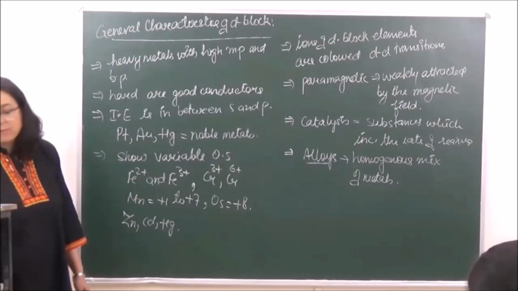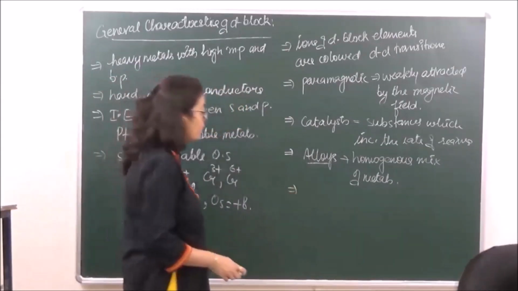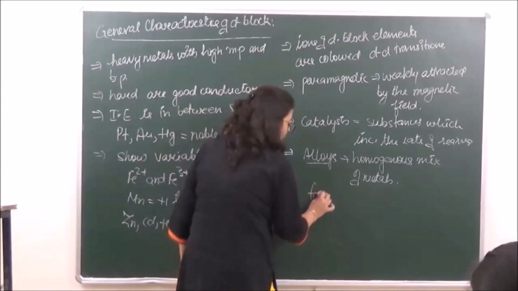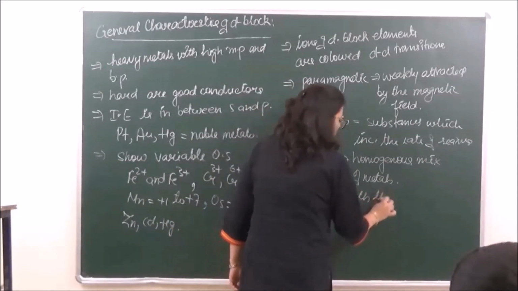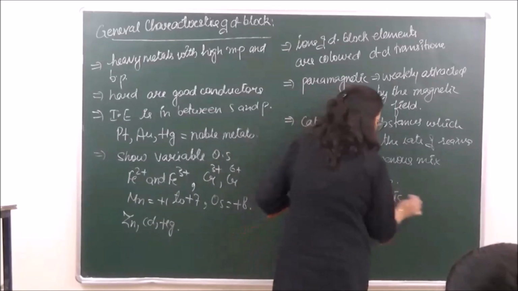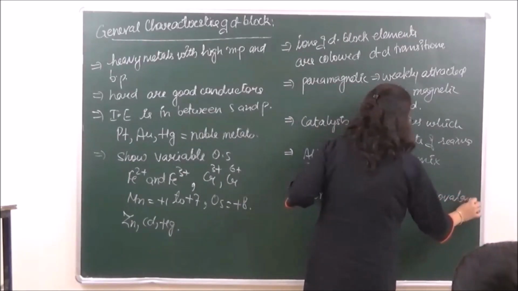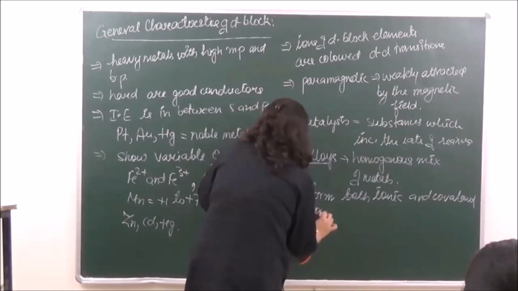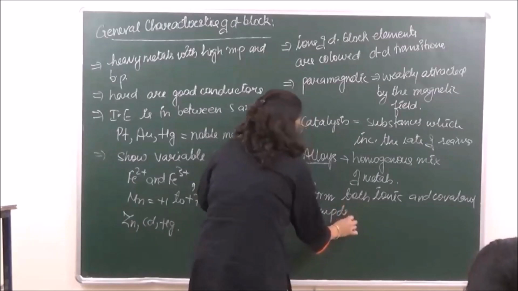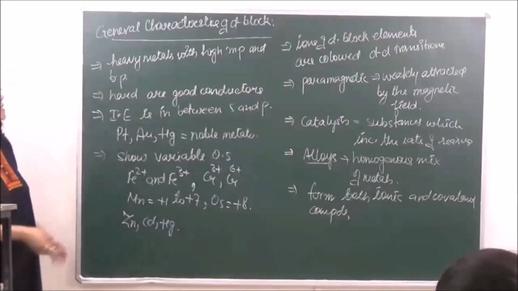Most of the D block elements form covalent compounds, but they have the tendency to form both ionic and covalent compounds. Okay, so this is the D block.